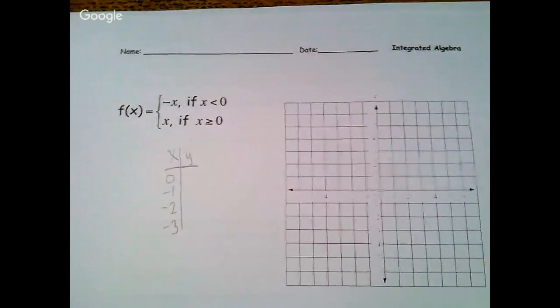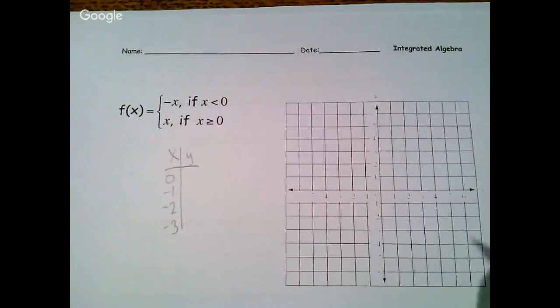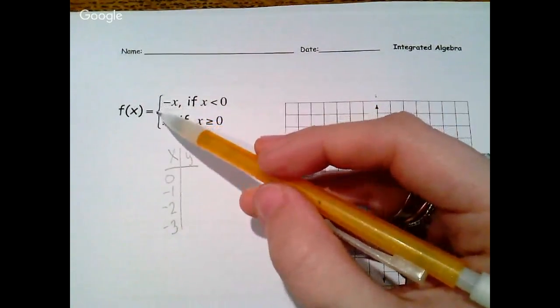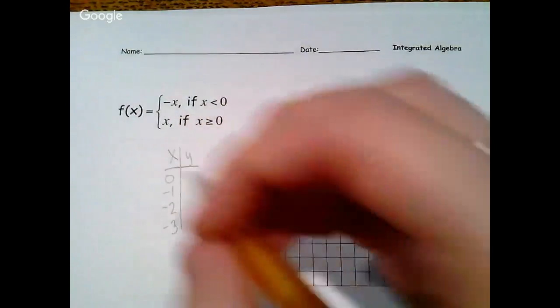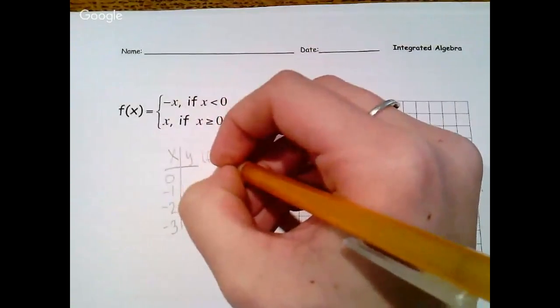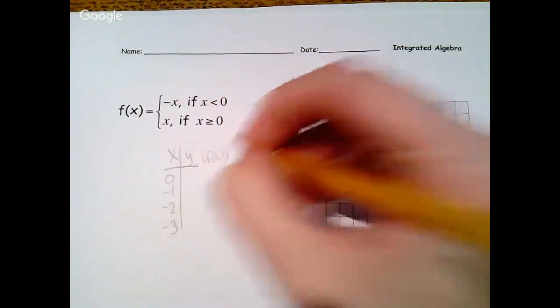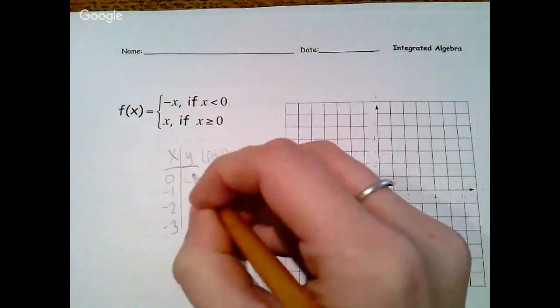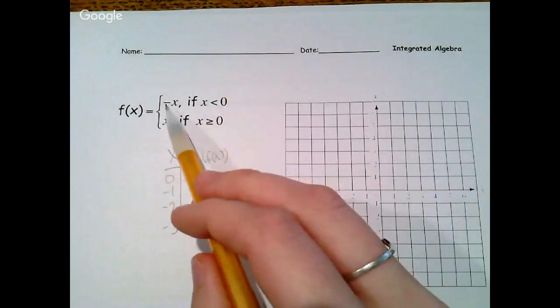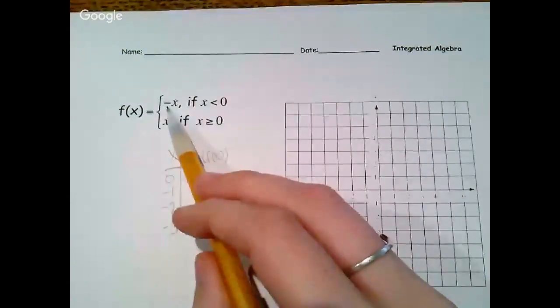That looks good. All right, so when x is 0, if I plug this in, well, 0 times -1 is still 0. So when x is 0, my y, or rather my f(x), is also going to be 0. Next, I have x is -1, so I'm going to take -1 times -1, right?